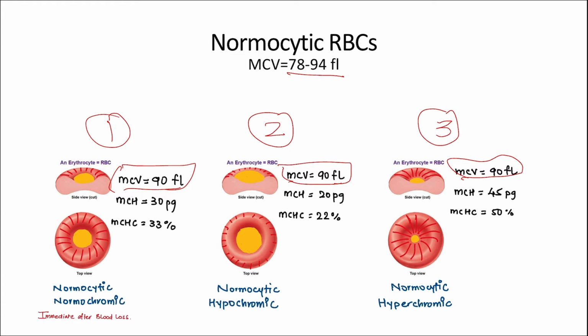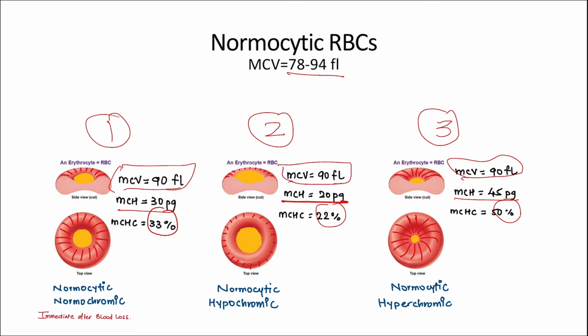But cell 1 has MCH of 30 picogram, cell 2 has MCH of 20 picogram and cell 3 has MCH of 45 picogram. So MCHC will be 33% in cell 1, 22% in cell 2 and 50% in cell 3.